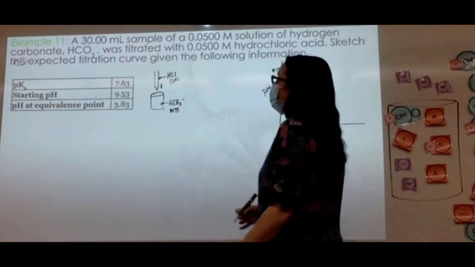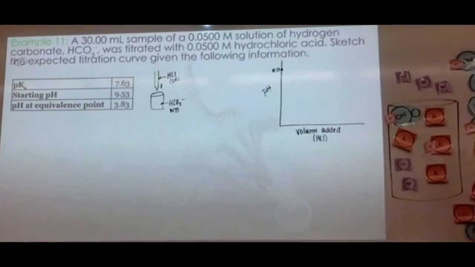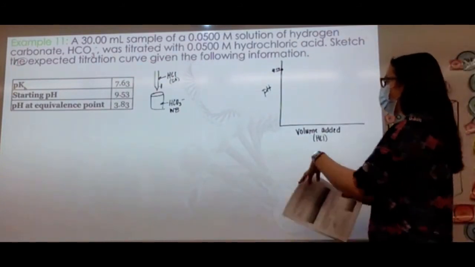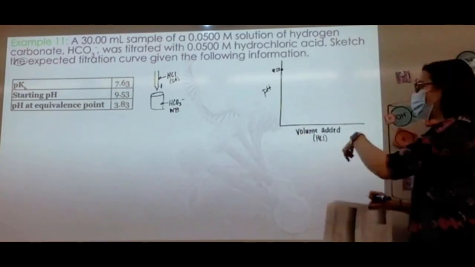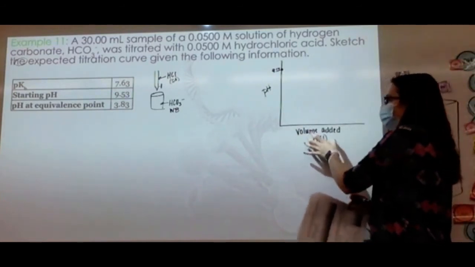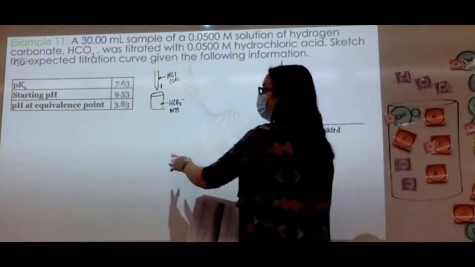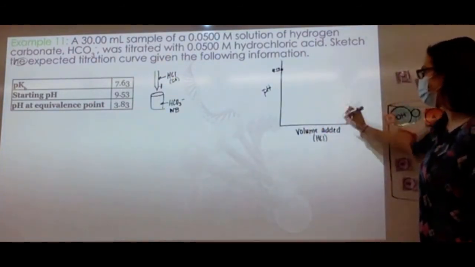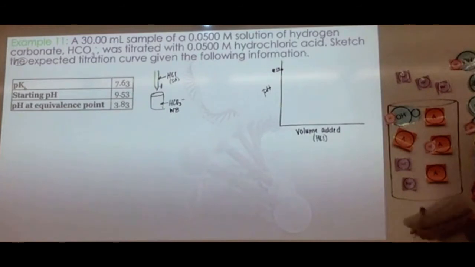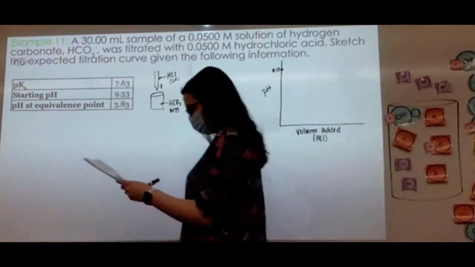And they also gave us the pKb. Now, before we can do anything else, we actually need to calculate something. We need to know how much HCl was added at the equivalence point. I need to know when I put my pH of 3.83, what volume was added.